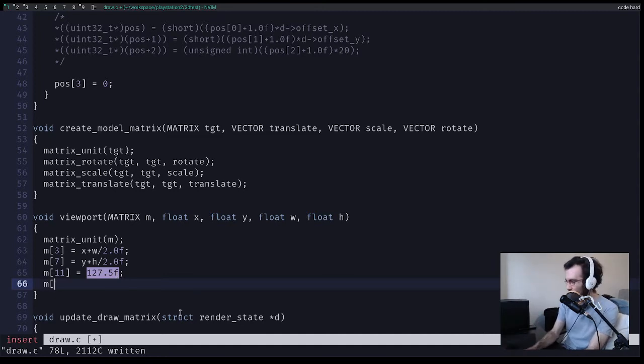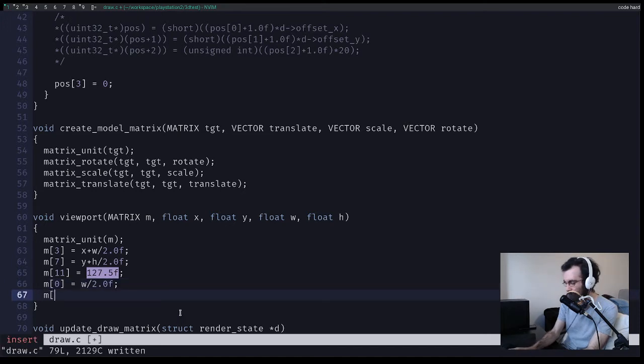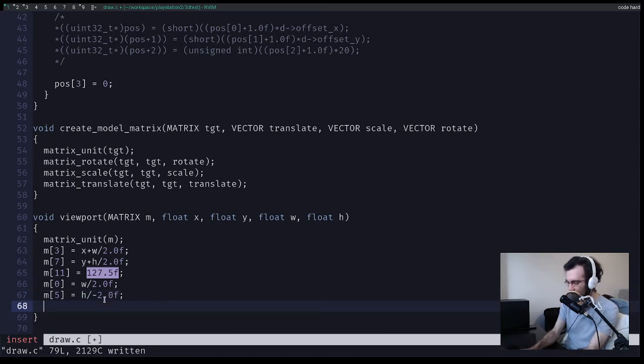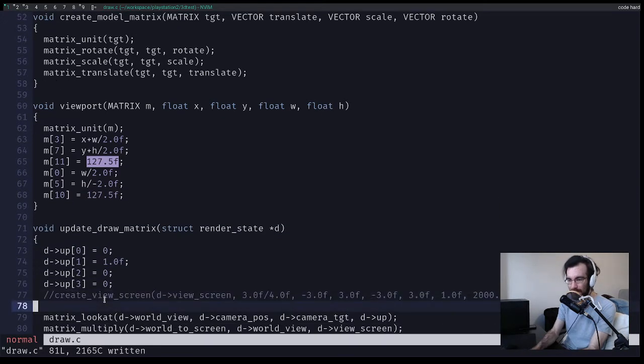M0 is going to be width divided by 2.0f. M5 is going to be height divided by negative 2.0f, because we're flipping the y-axis around in this case, and M10 is going to be 127.5f. Let's see what happens if we use this viewport instead.